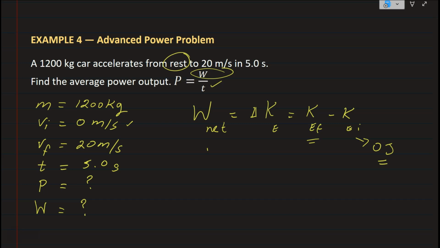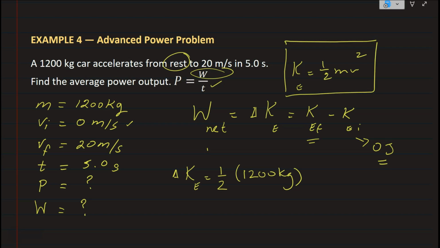Delta KE is equal to 1/2 m, where m is 1200 kg. I'm using the formula kinetic energy equals 1/2 mv squared. Now multiply by 20 meters per second squared.